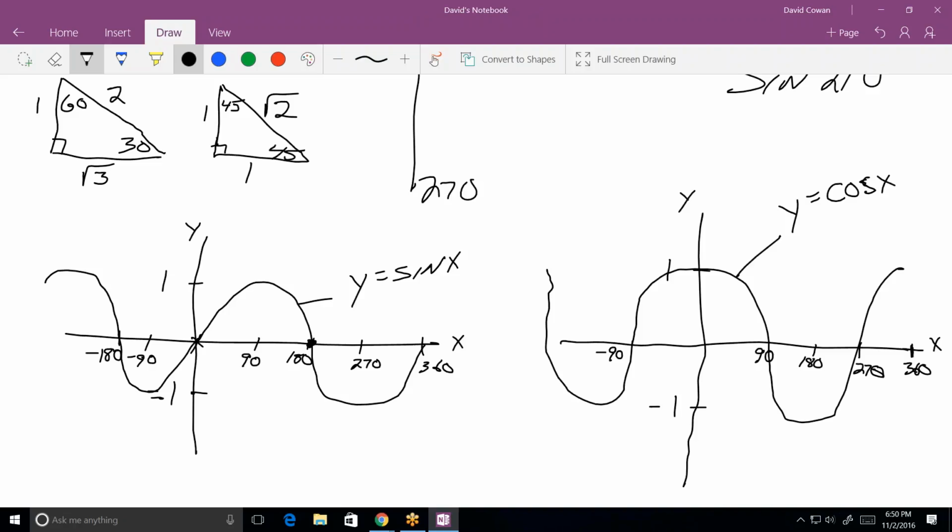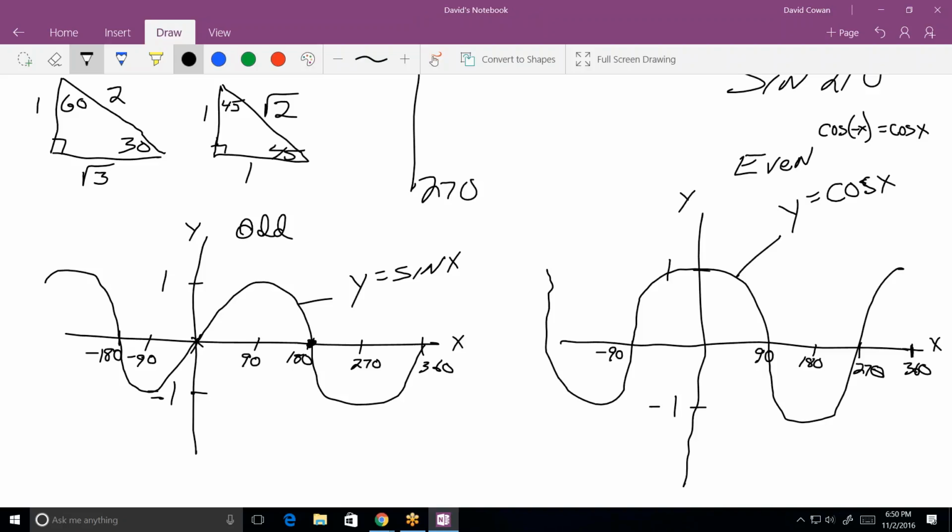Notice that the cosine curve is perfectly symmetrical with the y-axis. That means it's an even function. That means the cosine of minus x equals the cosine of x. That's why it's positive in the fourth quadrant: because it's an even function. The sine is an odd function.